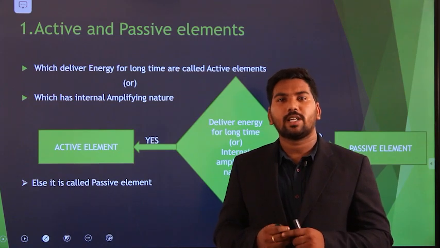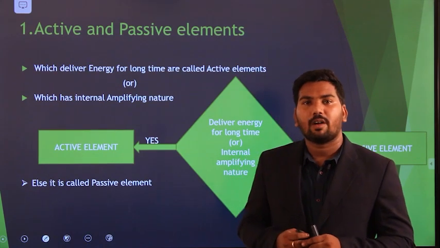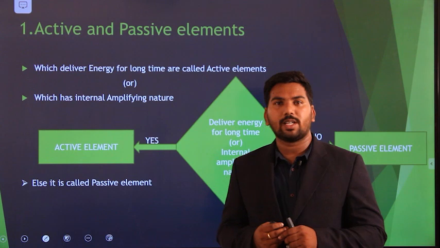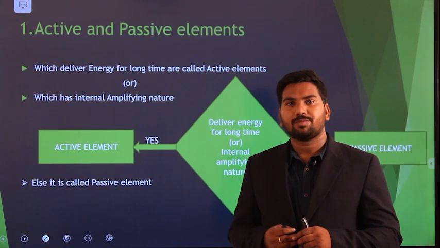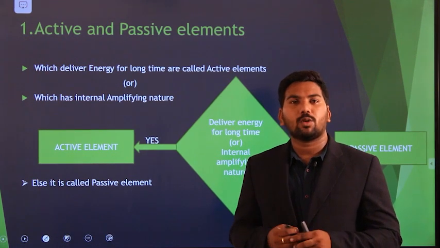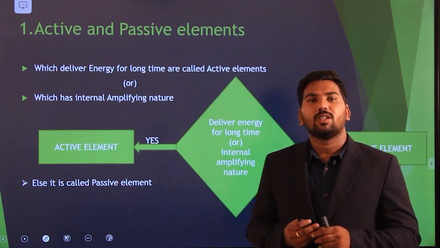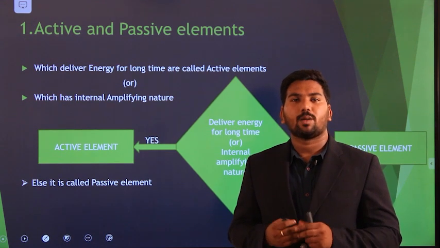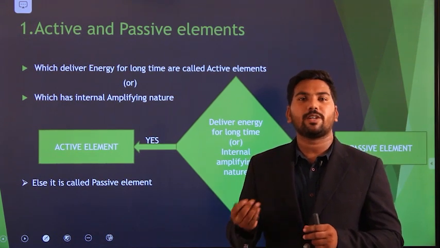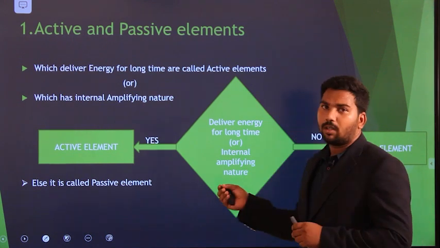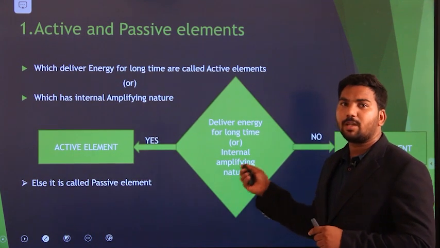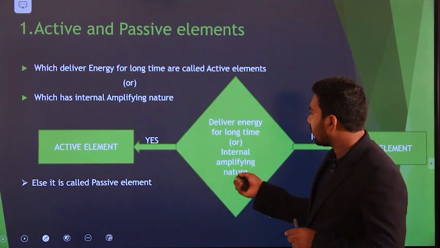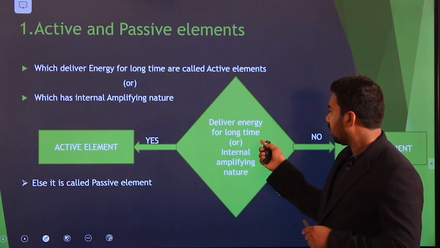So what are the examples of active elements? Voltage source and current source are the examples of active elements. Then resistor, inductor, capacitor are called passive elements because they won't deliver energy for longer time. Now I will give one condition to check whether the element is active or passive. What is that condition? Energy delivered for longer time.